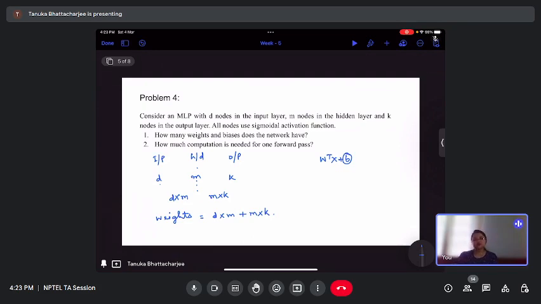That is happening for each neuron in the hidden layer. So you have one bias term associated with each neuron in the hidden layer. So in total you have M bias terms. Now in the output layer, you have K neurons, which are again doing the same function. So each of these K neurons is again adding one bias term to the linear combination input to it. So you have a total of M plus K biases.